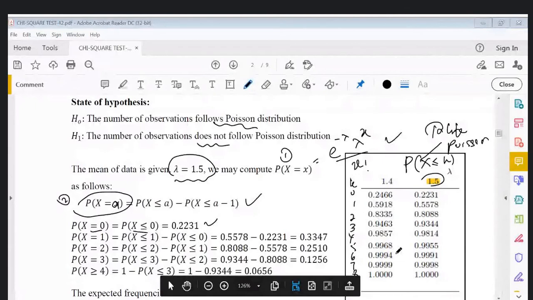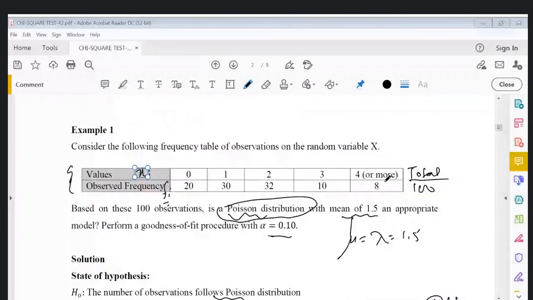Okay, the last one, if you look from the table, we want to find the probability of S is 4 or more. And mathematically, S greater or equal 4 is equal to 1 minus P(S less or equal 3).